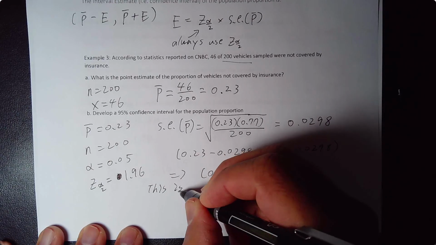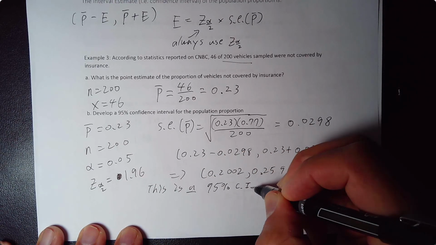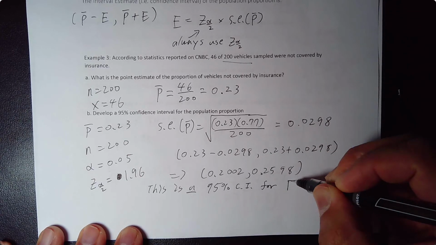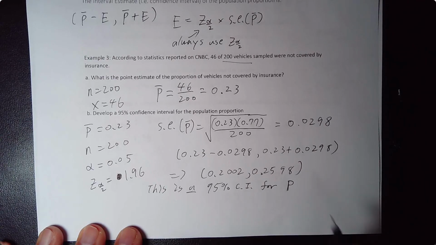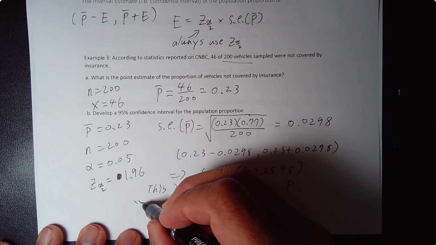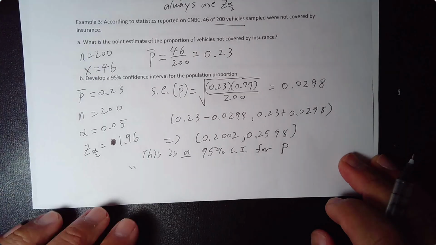This is a 95% confidence interval for p, not p bar, for the true population proportion p. There are many different ways we can describe our result here.